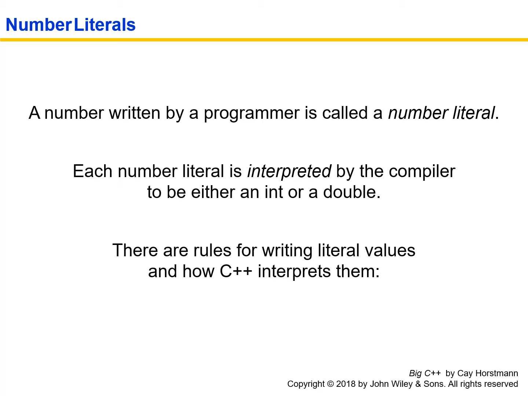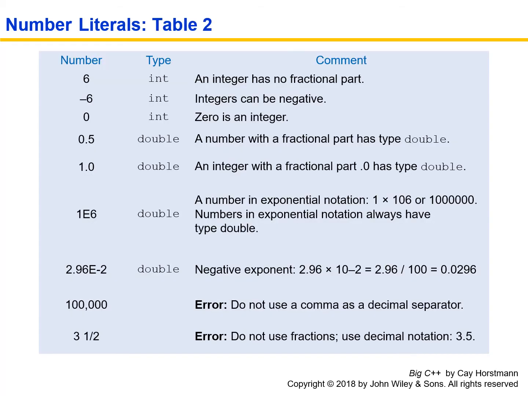There are rules for writing literal values and how C++ interprets them. Okay, if it has no fractional part, it's going to be interpreted as an int, whether it's positive, negative, or 0. If it has a fractional part, if it has a decimal point and something after the decimal point, it's going to be interpreted as a double.